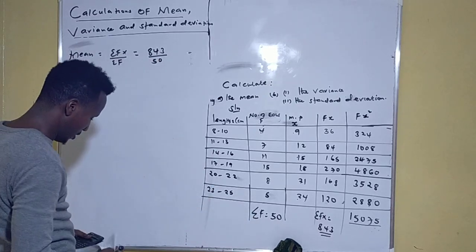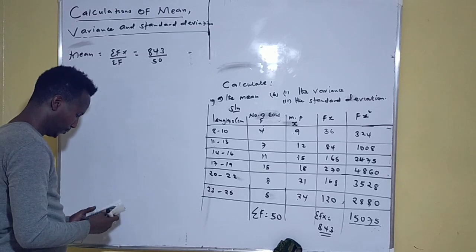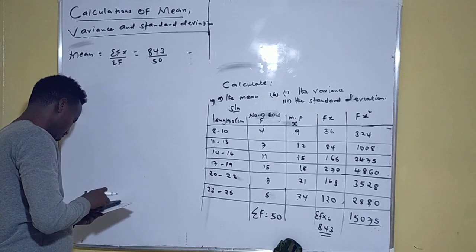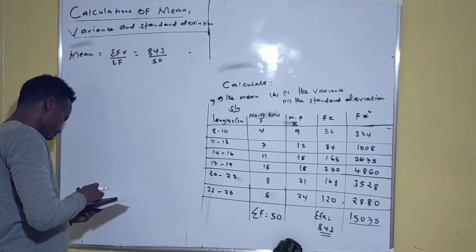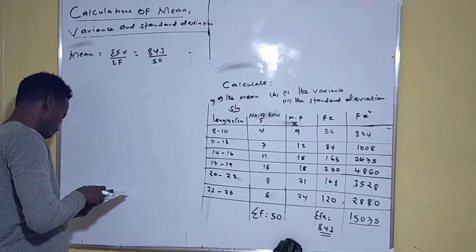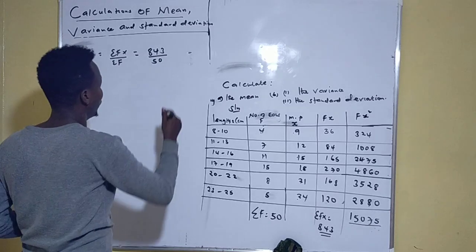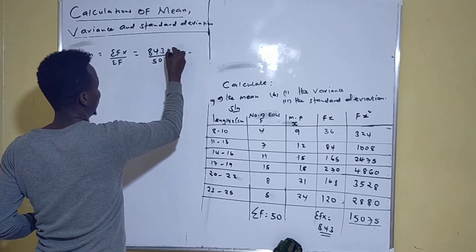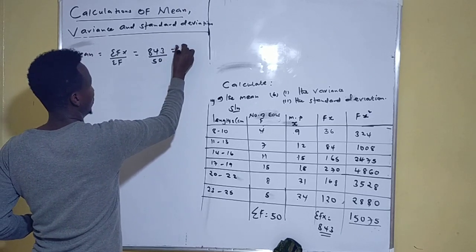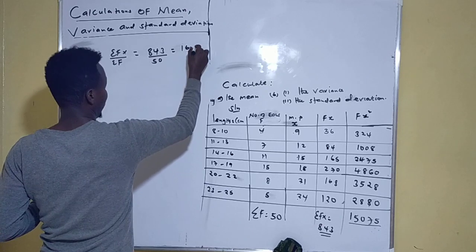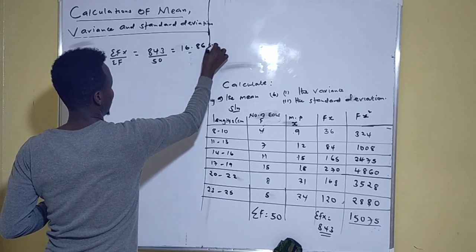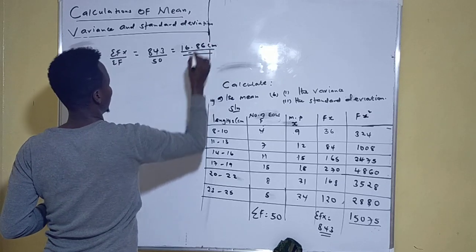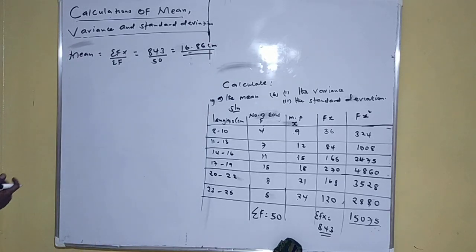So that should give us 843 divided by 50, that's 16.86 centimeters. You write the unit here, centimeters. That will be our mean.